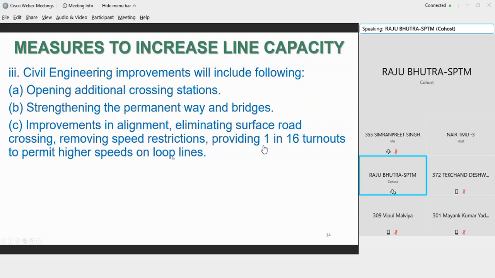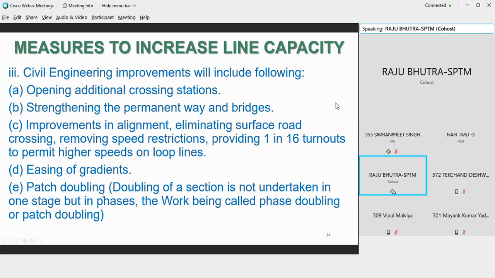If we have 1 in 16 turnouts, higher speeds can be achieved on loop lines. That will also reduce the time taken in the critical section. Then easing of gradients. So the loco pilots will not have to reduce the speed of trains on gradients if the gradients are eased.